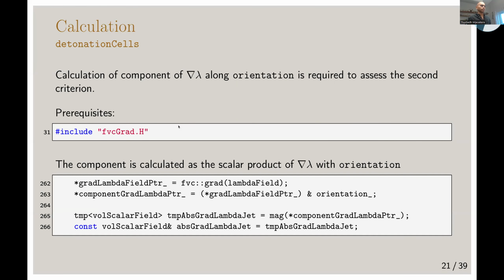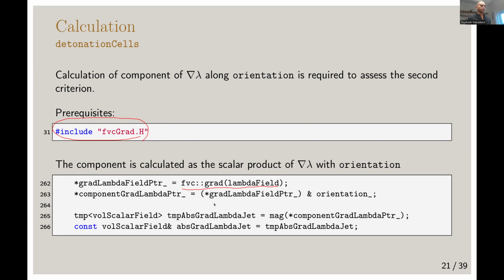And now the second criterion is that we calculate the gradient of detonation cell size and then see if criterion 2 is fulfilled. And for the calculation of the gradient, we need to use this header file in the source file. And once we have the necessary header files, then we can easily calculate the gradient of the detonation cell size.